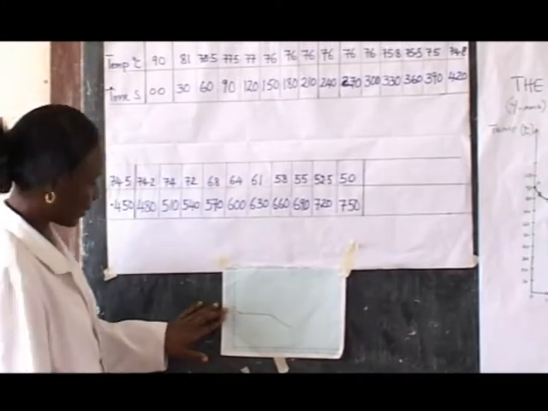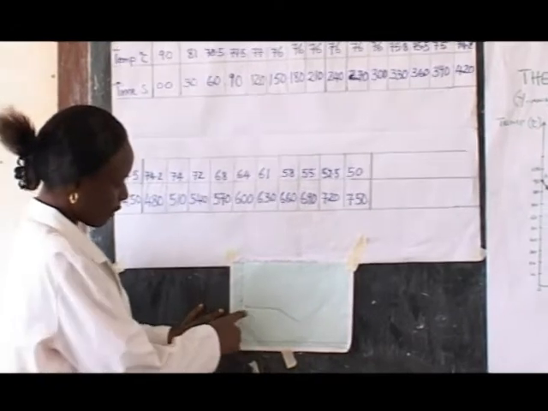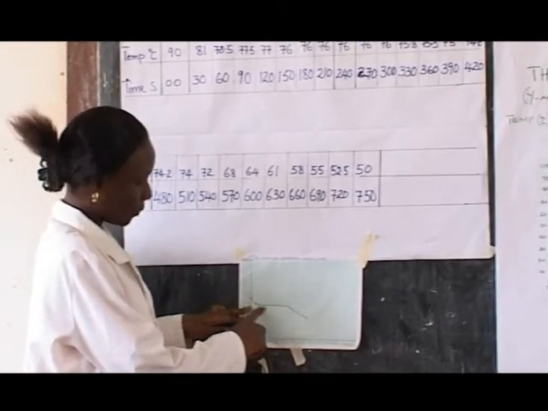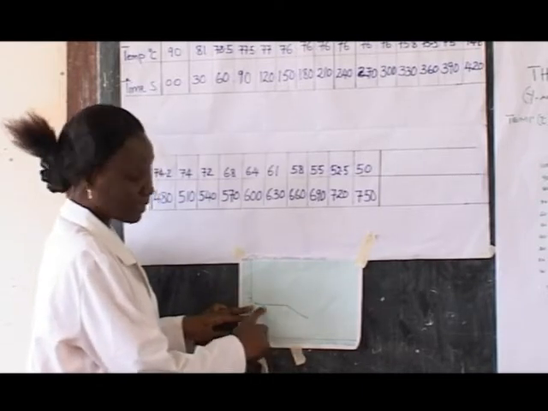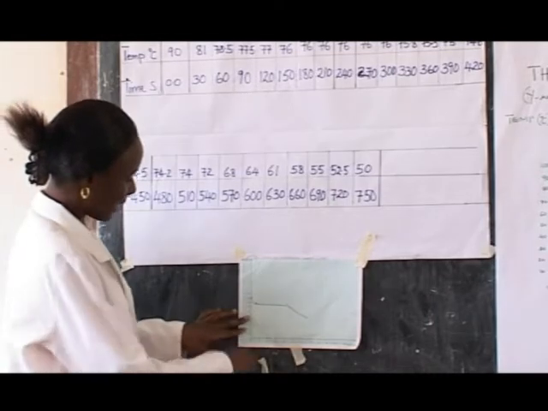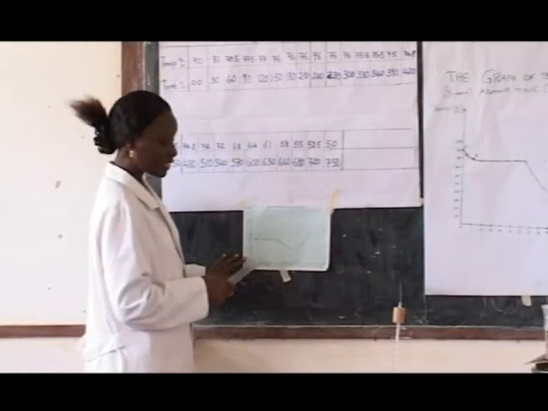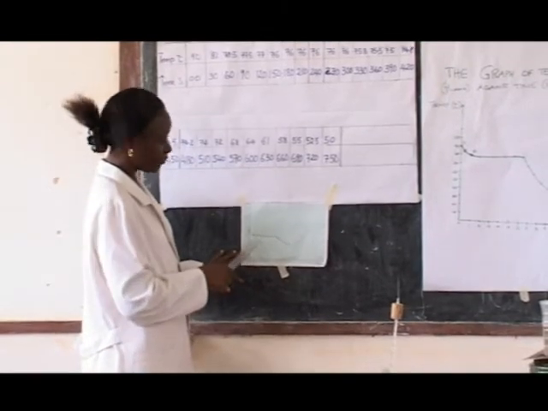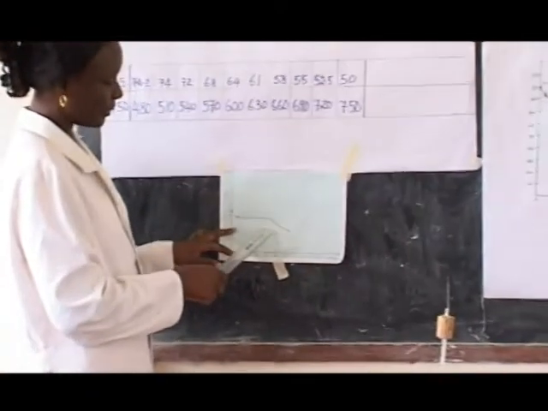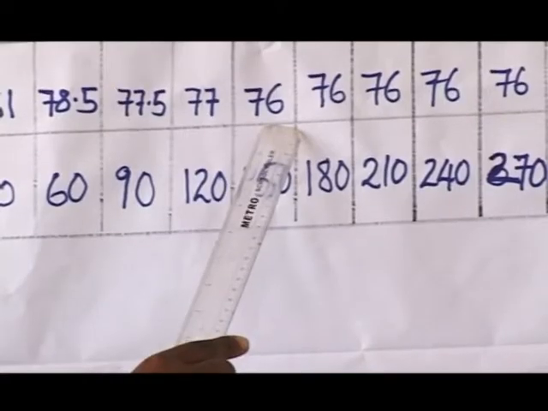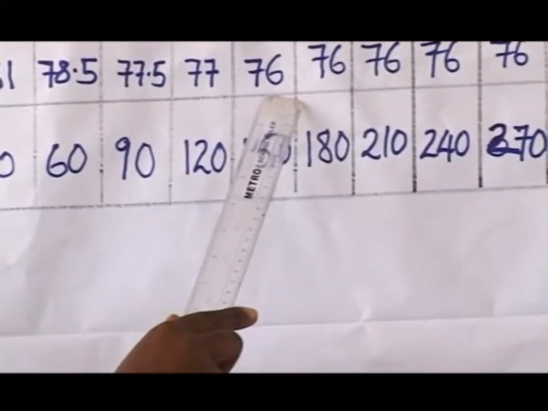As you see from the graph, from point B to point C, the temperature is constant. This shows that the melting point of naphthalene is the flat part of the graph, at a temperature of about 76 degrees centigrade.